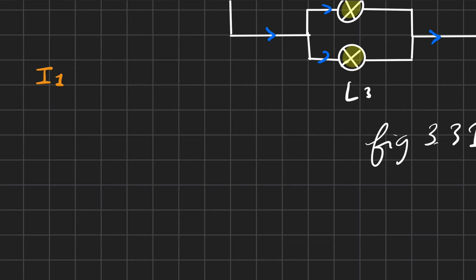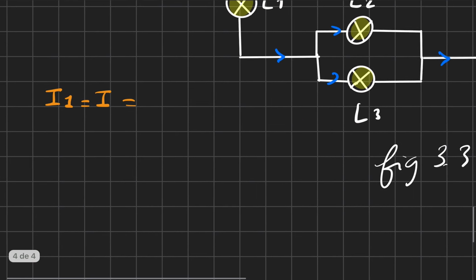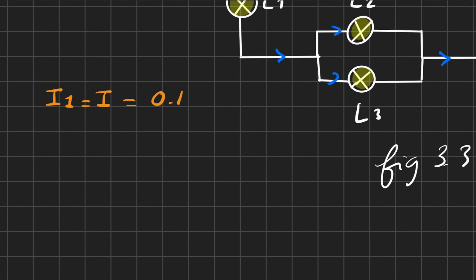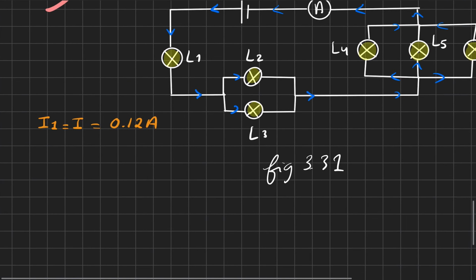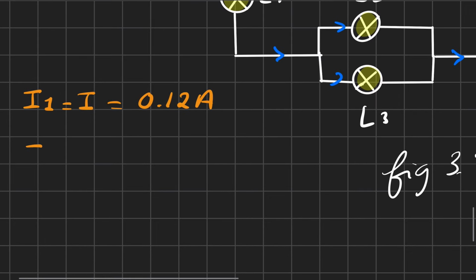So I1 equals I equals the current passing through the ammeter, which is 0.12 ampere. Now the current passing through L2 and L3 is this current divided into 2, because we have two identical lamps.